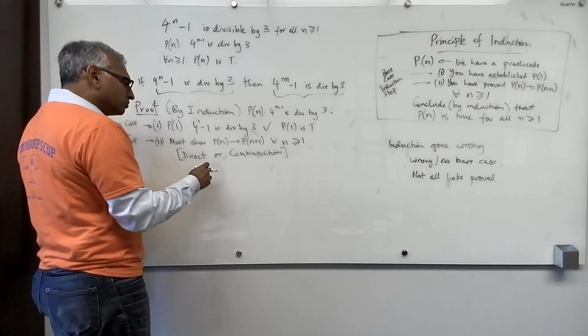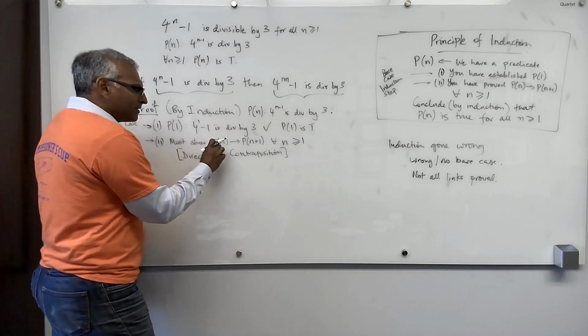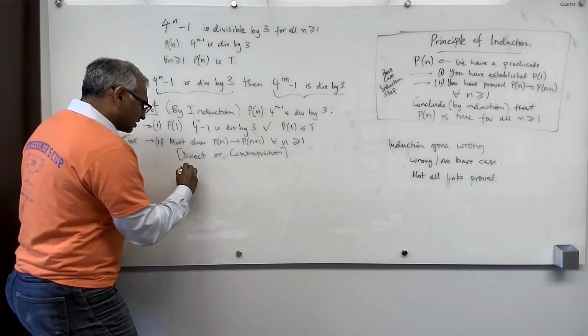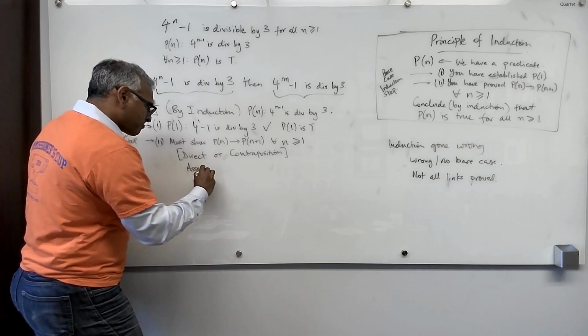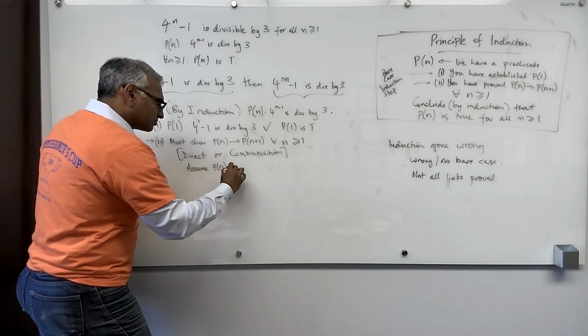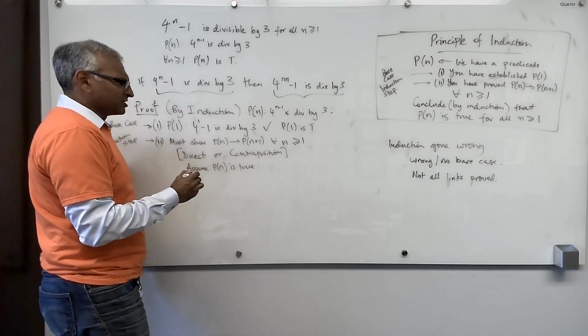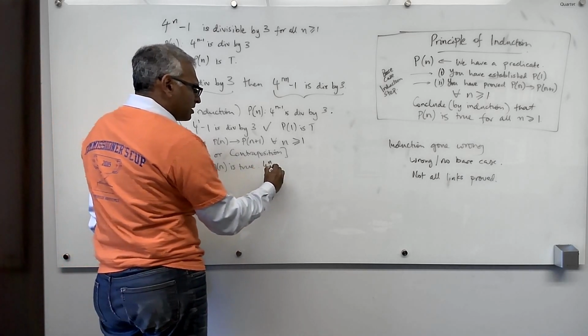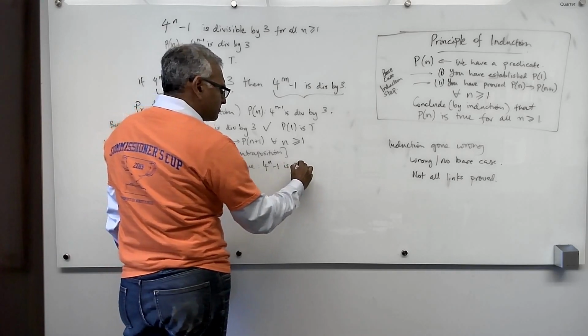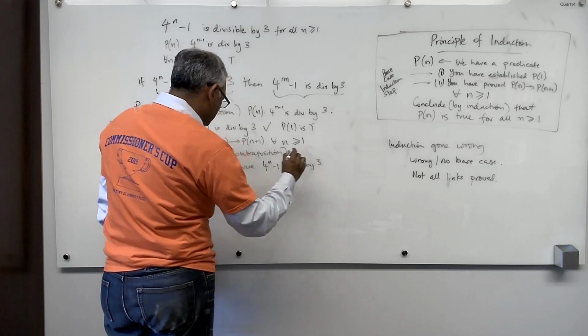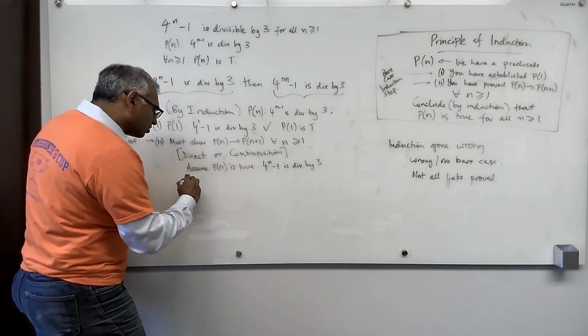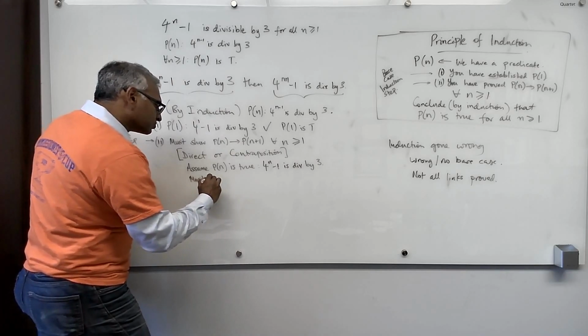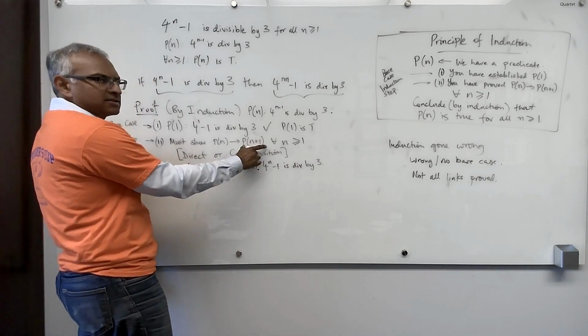So what are we going to do? In the direct method, we assume that this left-hand side is true. So we get to assume P of n is true. Well, what is that assumption? That's the assumption that 4 to the n minus 1 is divisible by 3. We must show the right-hand side is true.